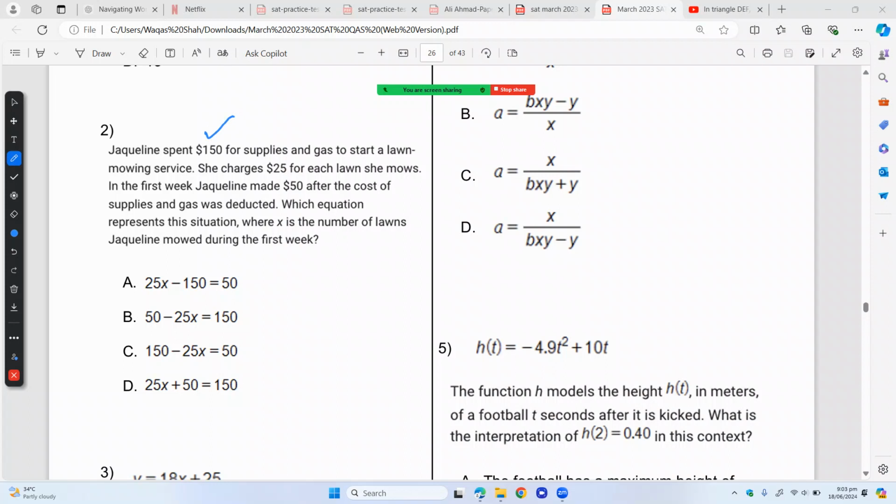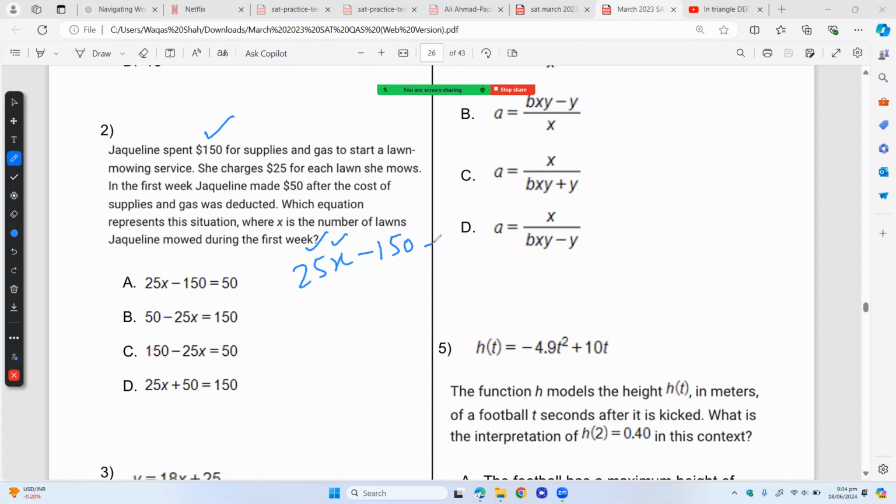And x is the number of lawns she mows, right? So x can change, and 25 times x is the earning she makes when she mows that number of lawns. Then $150 is deducted from her earning because she has to pay this amount for supplies, gas and other expenses.